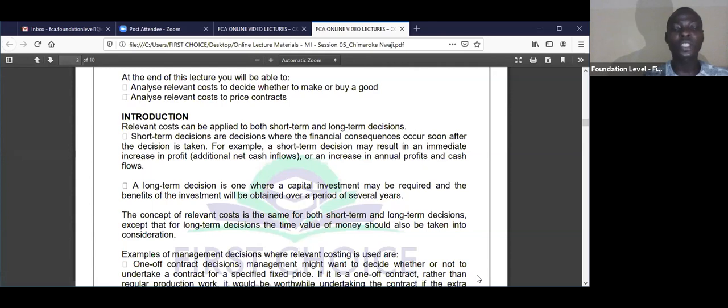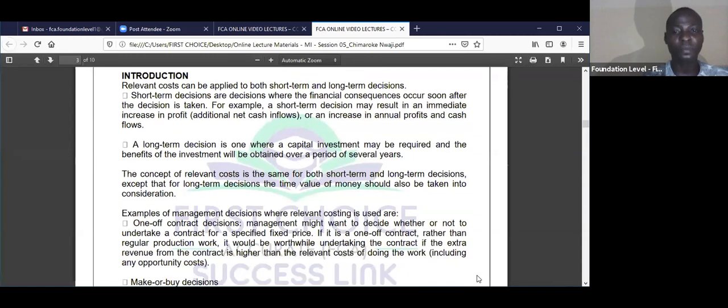So the concept of relevant cost we discussed last time can be applied to short-term or long-term decisions. For the purpose of this lecture, we are going to be talking about short-term decision making, how we can use relevant costs to make these short-term decisions.